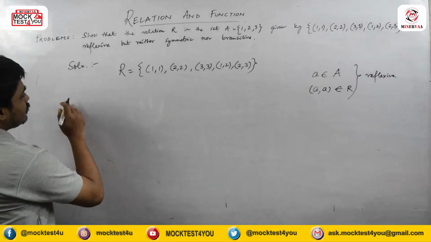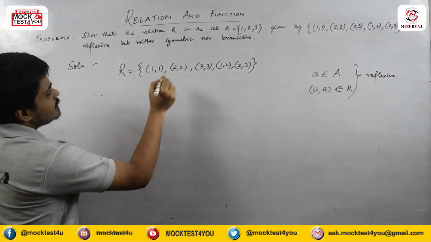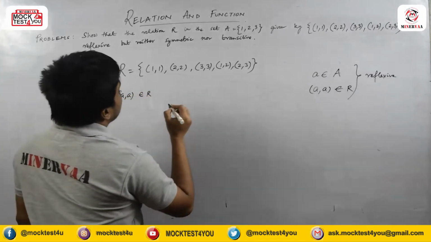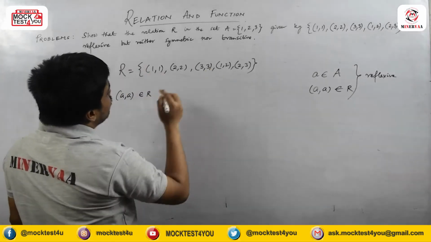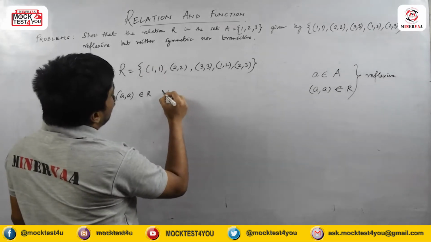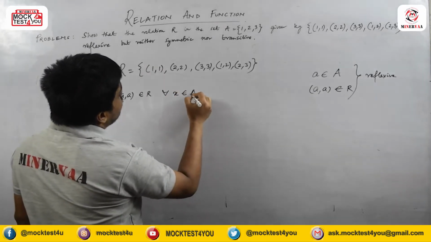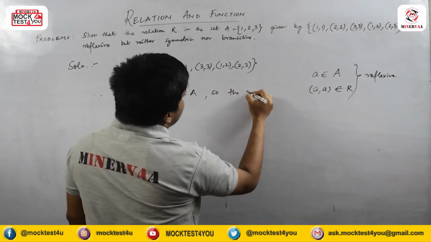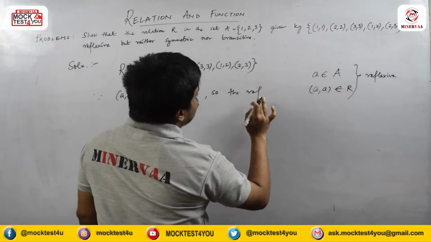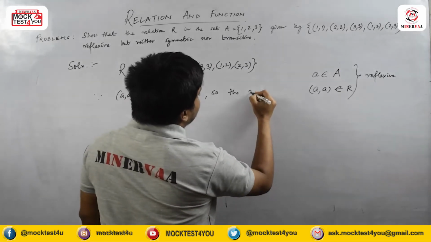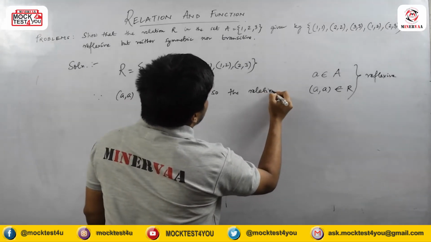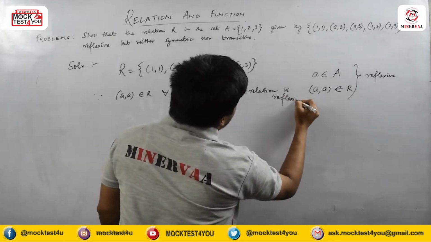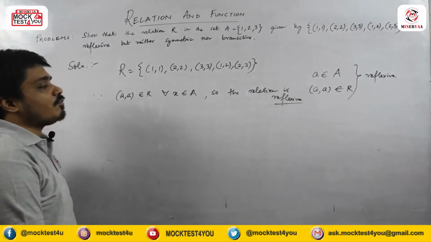Write down: since (a, a) is an element of R for all x element of A, the relation is reflexive. This is the first stage of my proof.